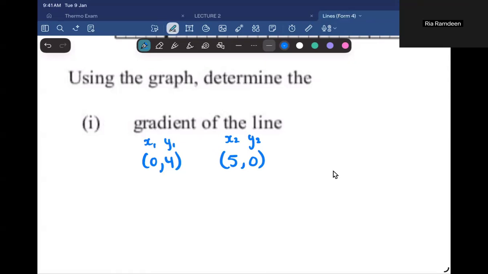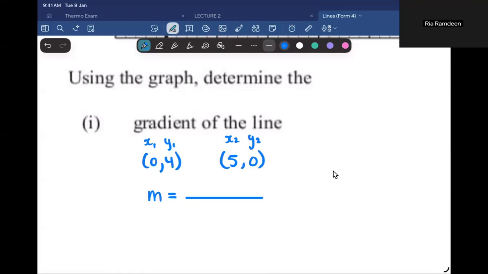M equals x2 minus... no, the change in y over the change in x. So what you were going to tell me just now is the change in x: x2 minus x1.